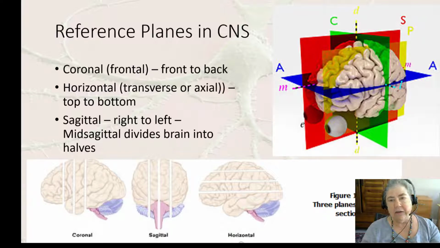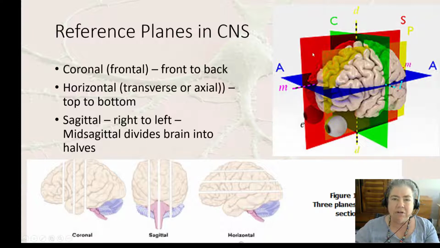So the three planes I want you to think about are the coronal plane, which is, coronal is crown. So imagine a coronal plane being like a tiara sitting on top of the head.